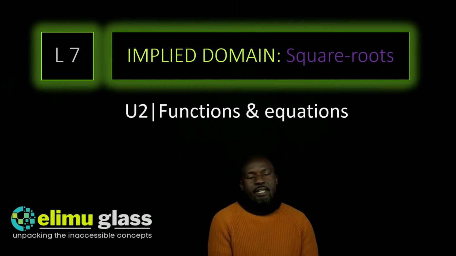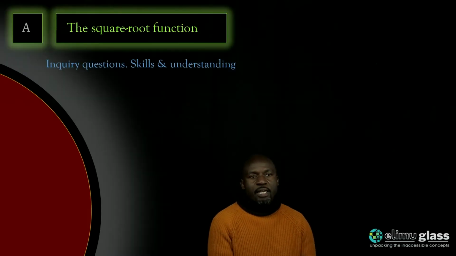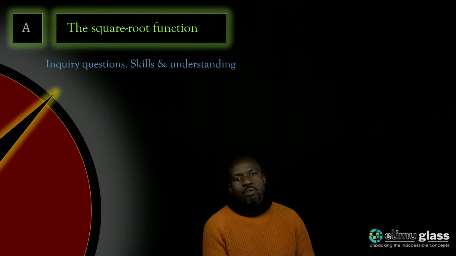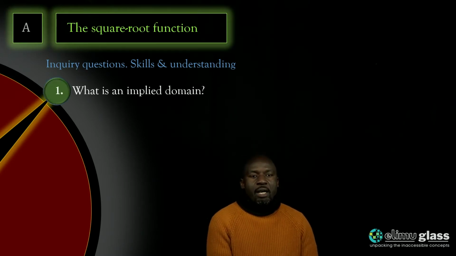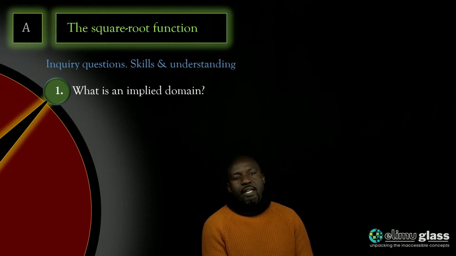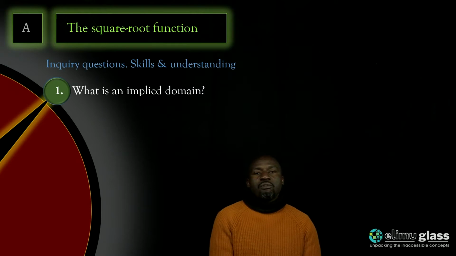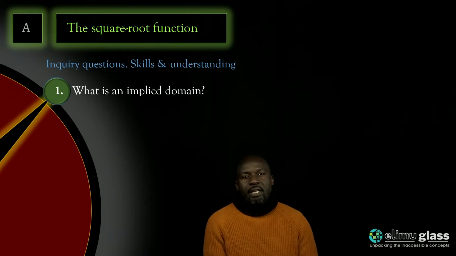Okay, so this lesson is going to be very short. We will only look at the implied domain when it comes to square root functions. But before that, what exactly do we mean? So one of the questions we want to answer today is, what do we mean when we use the word implied? What does it mean, an implied domain for a given function? Okay, we've already talked about domain and range, but then what does it mean, implied domain?